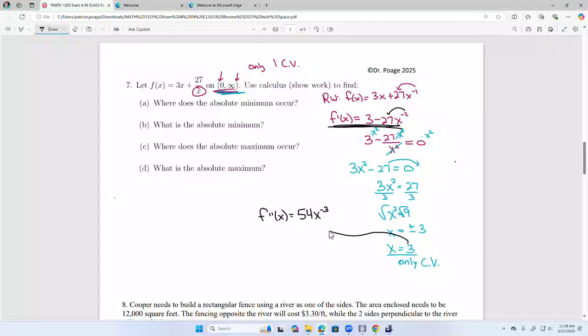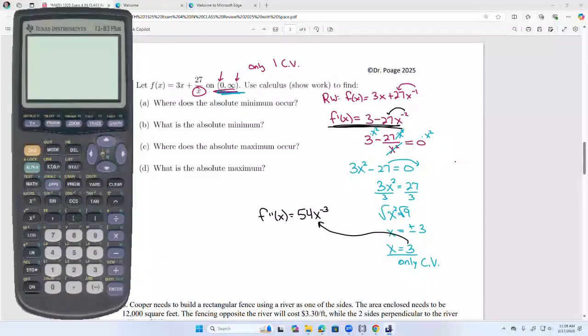And then I'm going to plug my critical value into my second derivative. The only thing I care is if it comes out positive or negative. So I'm going to have 54 times 3 to the negative 3.